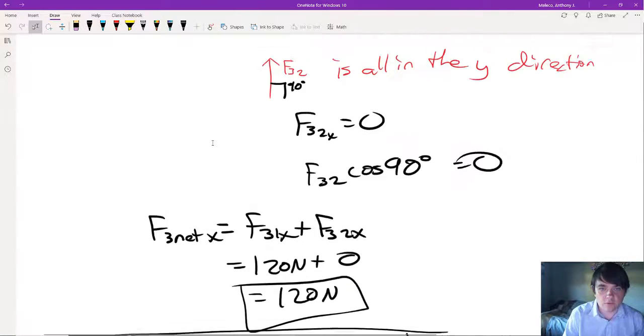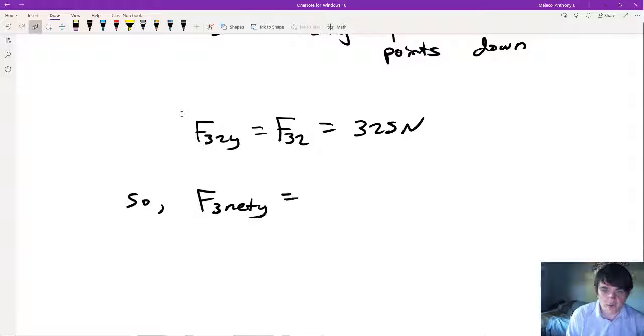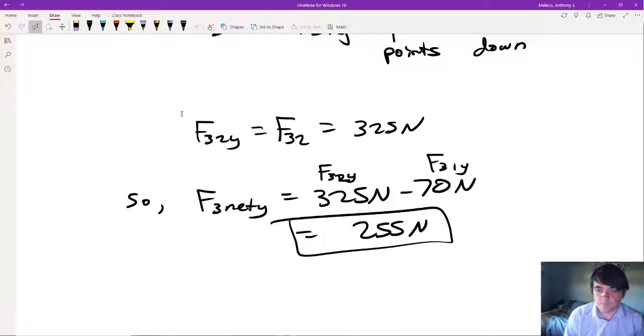So F3 net y then equals 325 newtons minus 70 newtons. We're just adding those two components, right? Because this was F31y and this was F32y. And we end up getting 255 newtons.